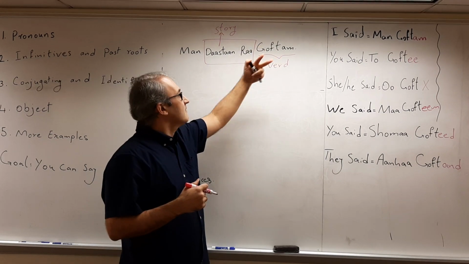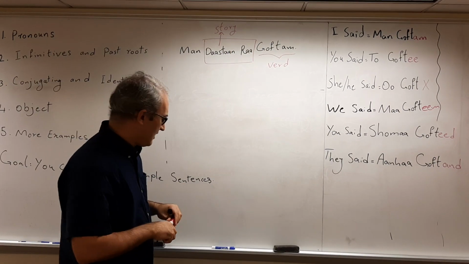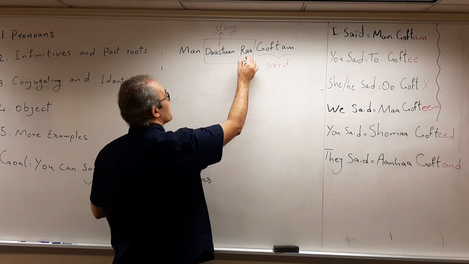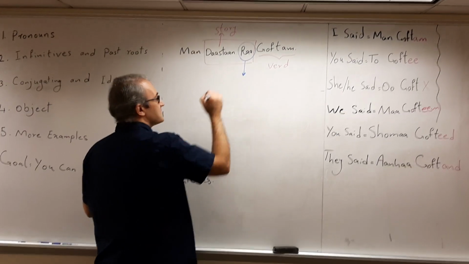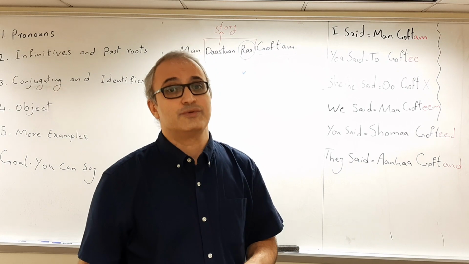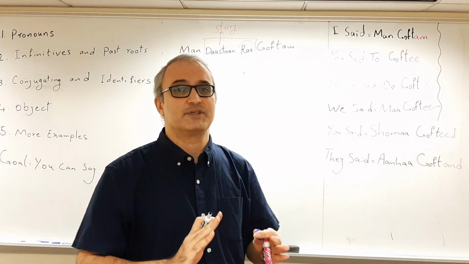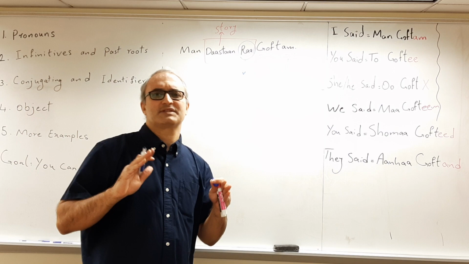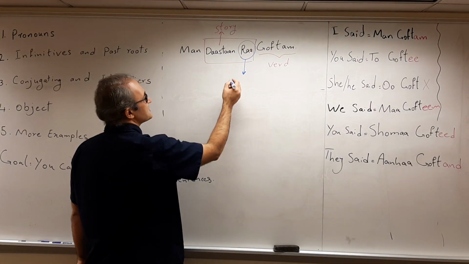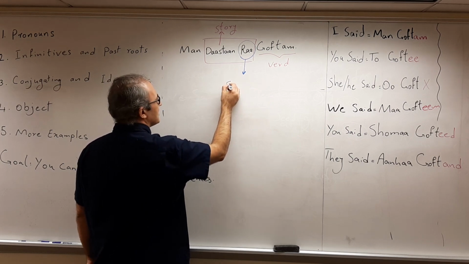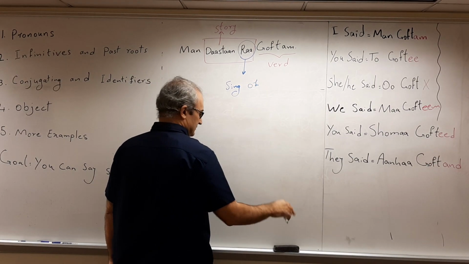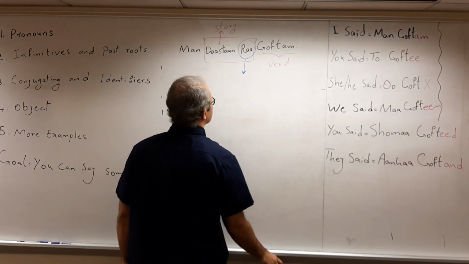I said the story. And what is ra here? Ra is the identifier for objects, and we have to use ra after object always in all sentences that need object. Sign or identifier, I don't know, sign is better maybe, no, identifier is better.